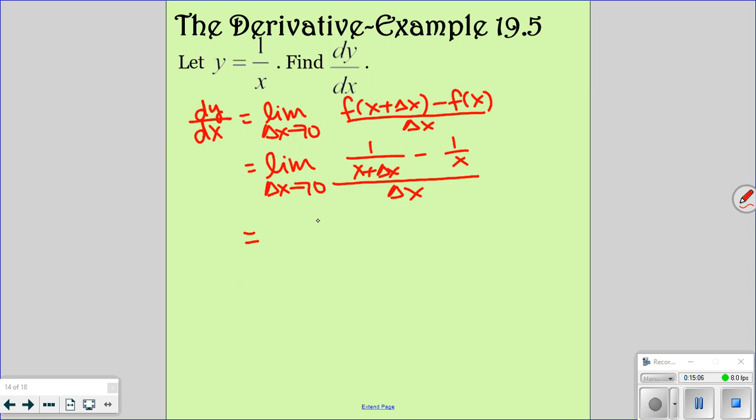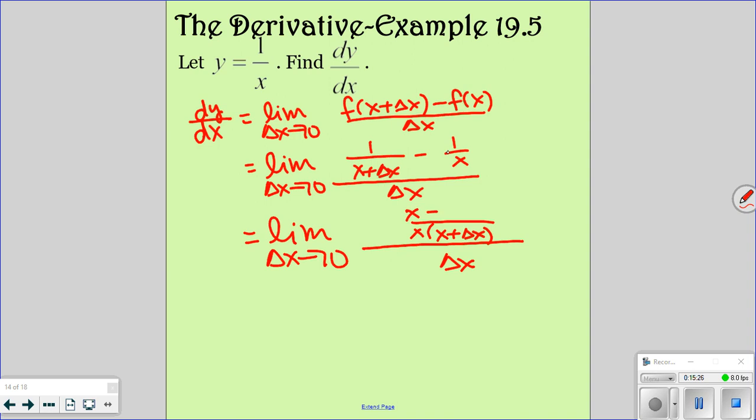So we can't have a complex fraction, so we need to make it a simple fraction with only one fraction bar. So the first thing that we need to do is to make a common denominator in our numerator. So that common denominator is going to be x times x plus delta x. And so this is missing the x, so 1 times x, and then minus, this one is missing the x plus delta x, so x plus delta x.